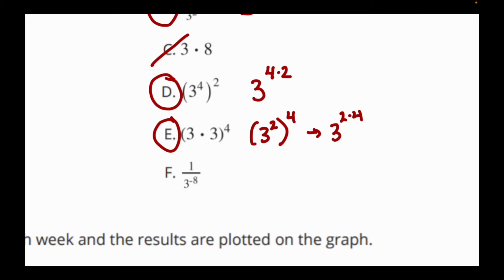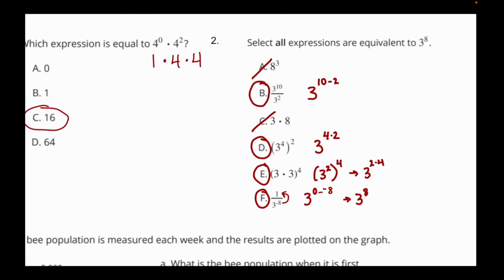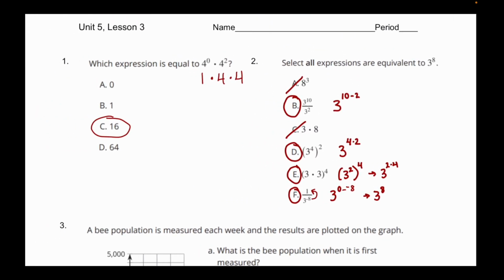So we could say this is 3 to the power of 0, and then minus negative 8, because the division sign means we subtract. That is going to be the same thing as 3 to the power of 8, so it works. I like to also just think about it as anytime it has a negative, you move it to the top. But there are 2 ways to think about that question. So B, D, E, and F are all equivalent to 3 to the power of 8.